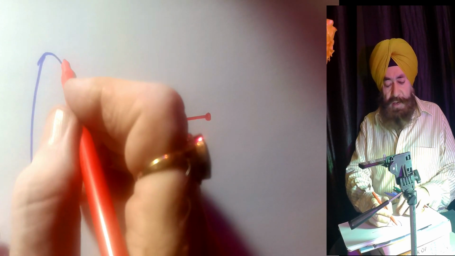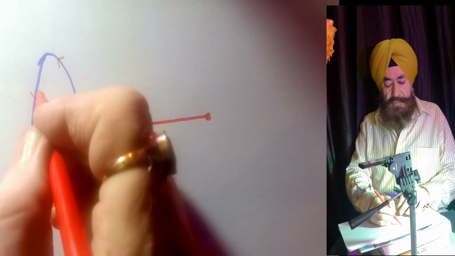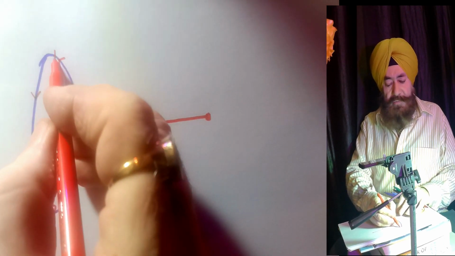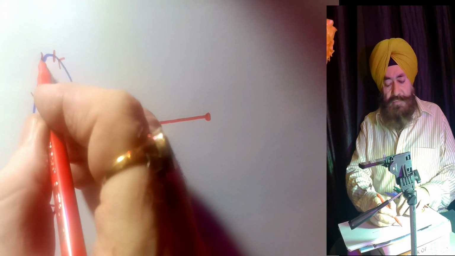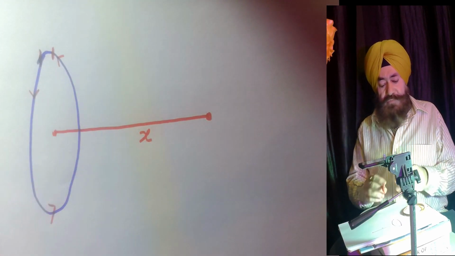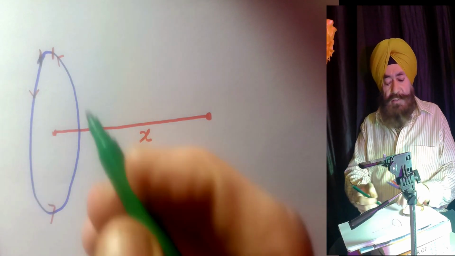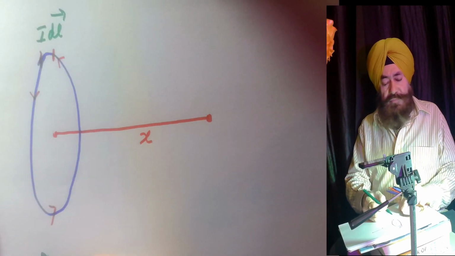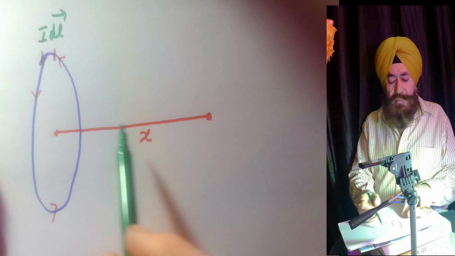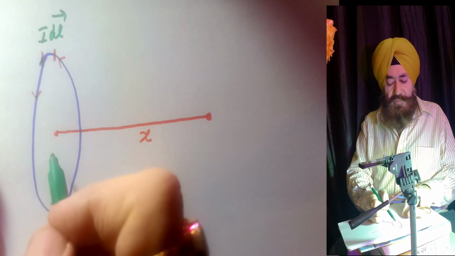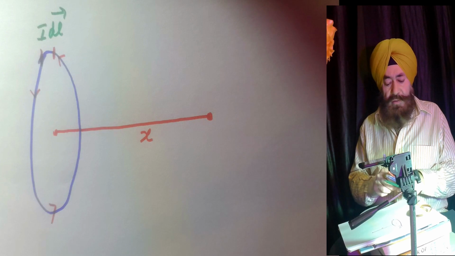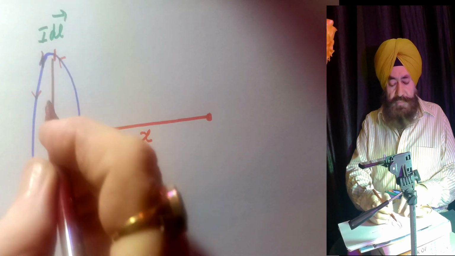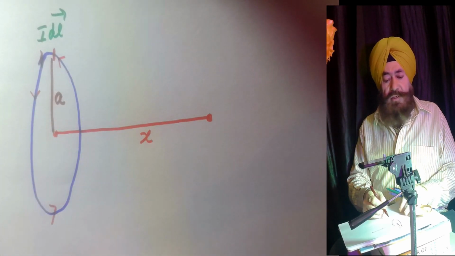Let the current be flowing along this direction. I consider a length element, or you can say current element, and this current element is I dl vector. The radius of the ring I call small a.